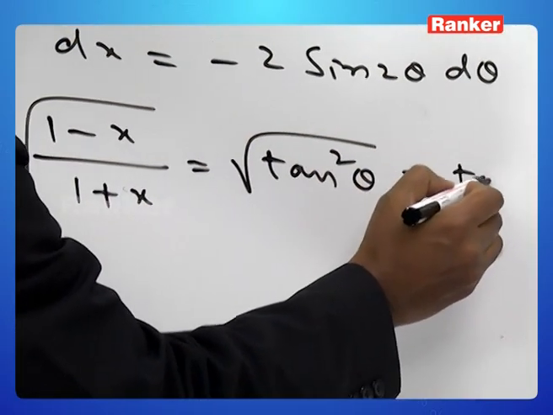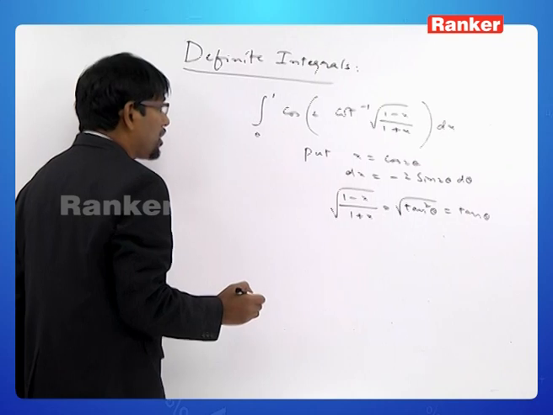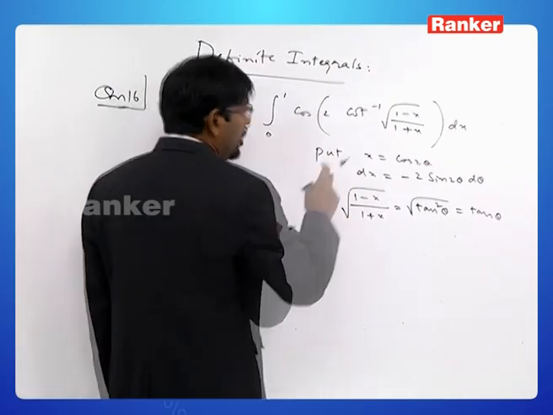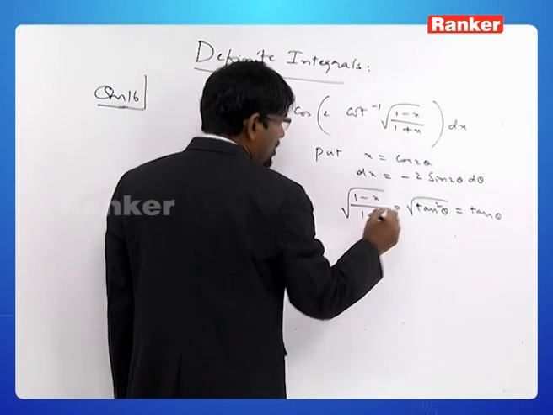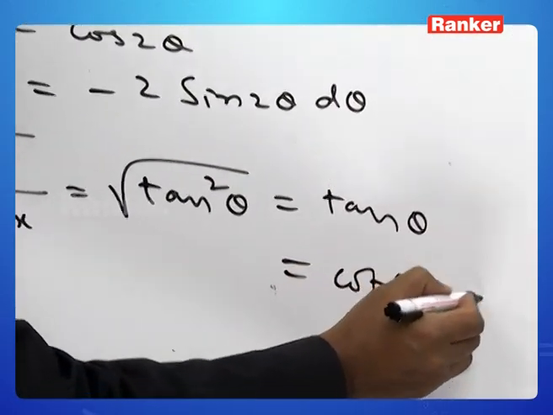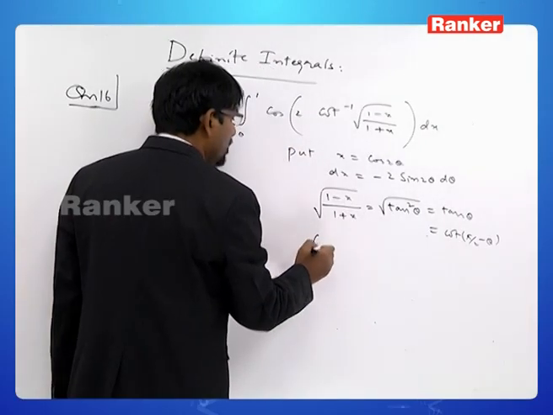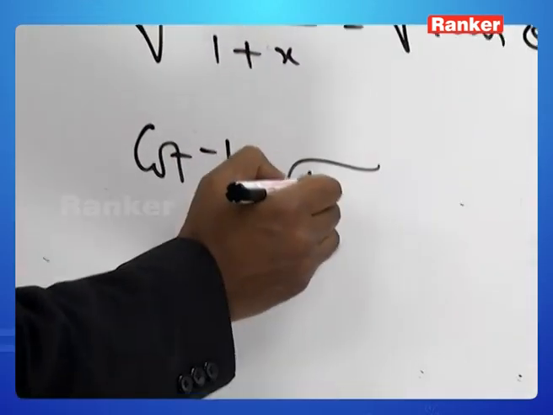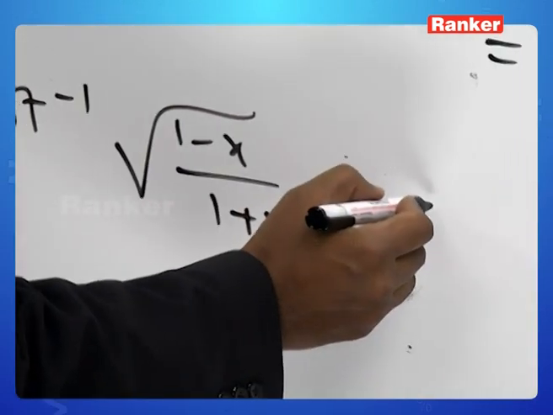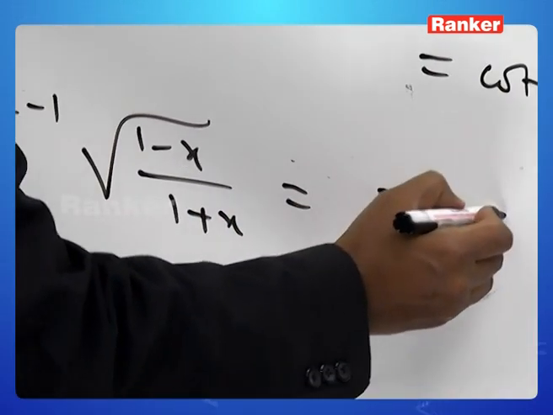In this case tan theta is positive, assuming that, we can write like that. And therefore cot inverse of this I can write as cot of pi by 2 minus theta. So cot inverse of root over 1 minus x by 1 plus x will turn out to be cot inverse of cot of pi by 2 minus theta, that is pi by 2 minus theta.